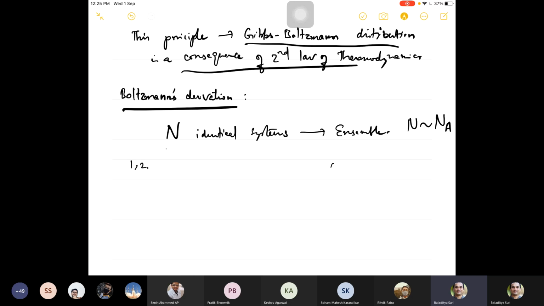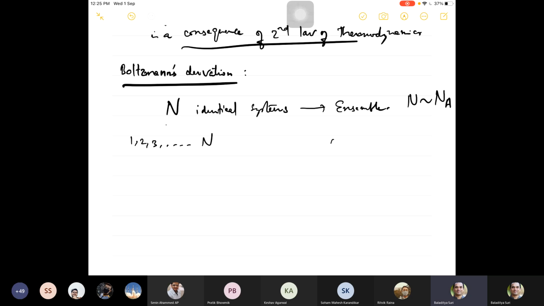And we can label the systems as 1, 2, 3, and so on up to capital N. So what do we mean by the ensemble being a closed system? That these systems are not exchanging energy with anything outside. The total energy is a constant. We talked about open and closed systems, right? If the total energy of a system is constant, it is called a closed system.